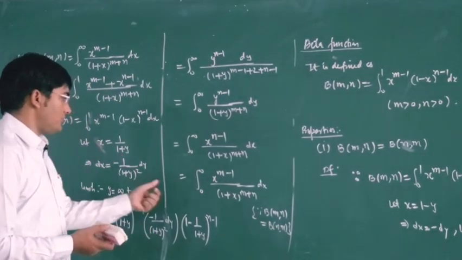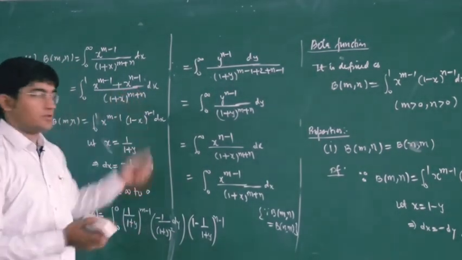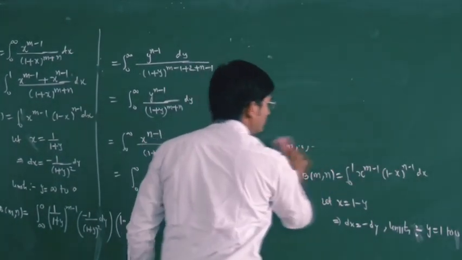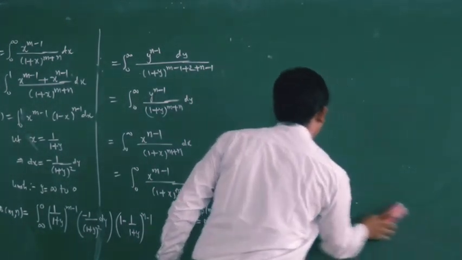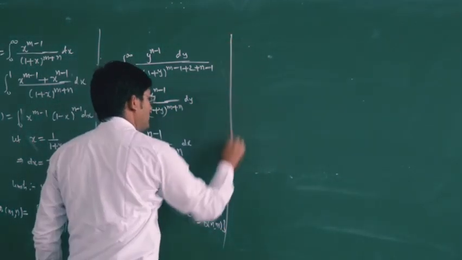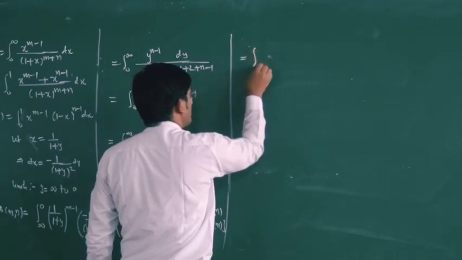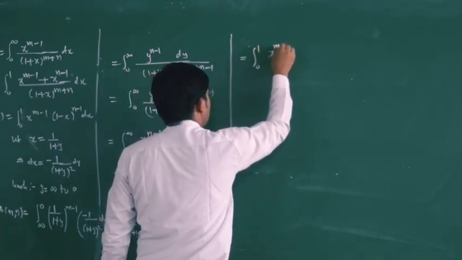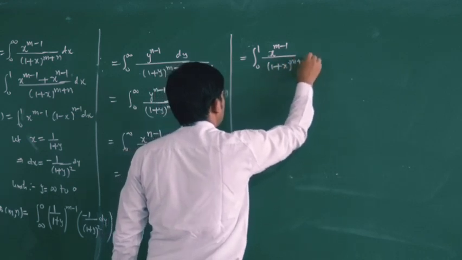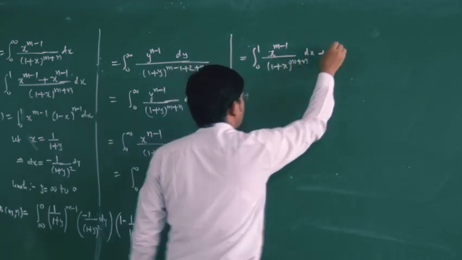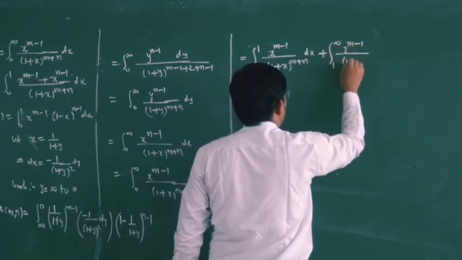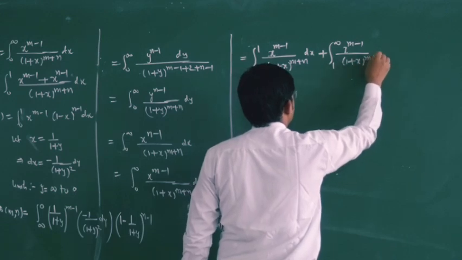Then we have to further break it in two parts. So for that, we can write this integral as integral 0 to 1, x power m minus 1 upon (1 plus x) power m plus n, plus integral 1 to infinity, x power m minus 1 upon (1 plus x) power m plus n.